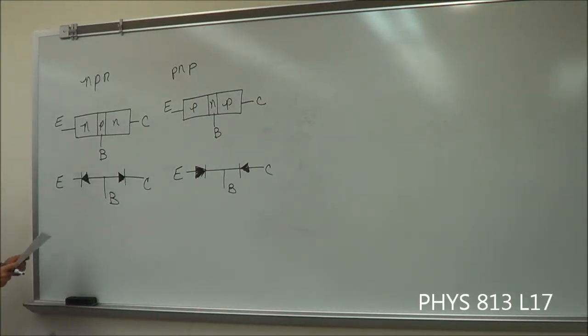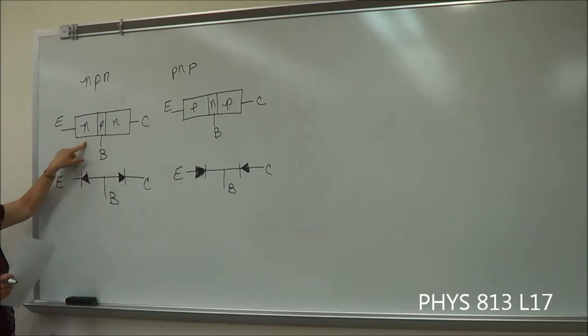Okay, on step 3 on the next page, we're going to have another symbol. So all of these symbols are various representations. We've looked at what actually is happening in terms of the N and P type materials.